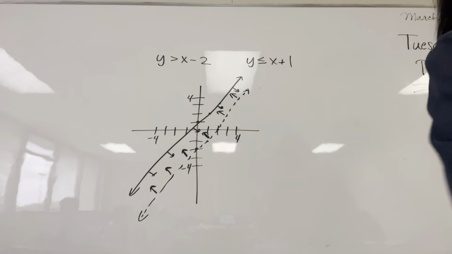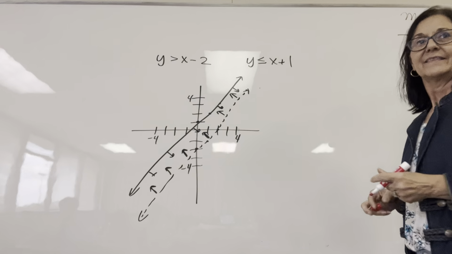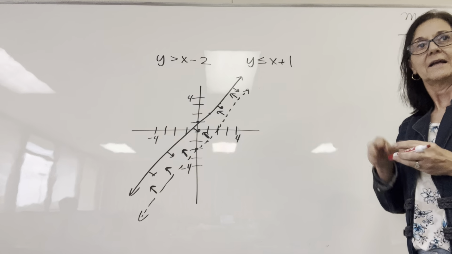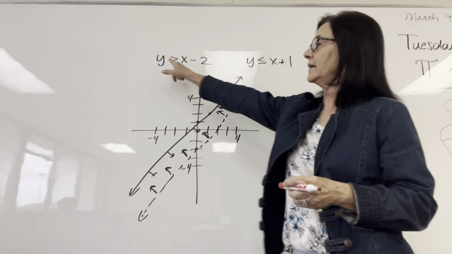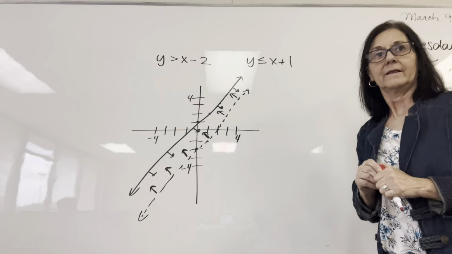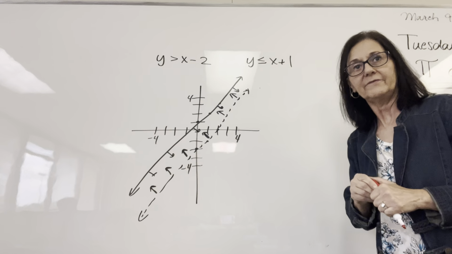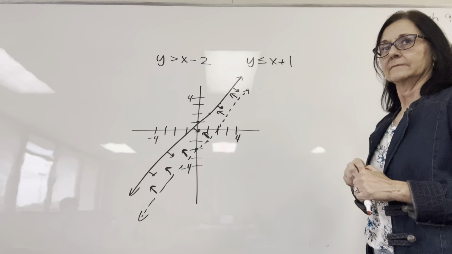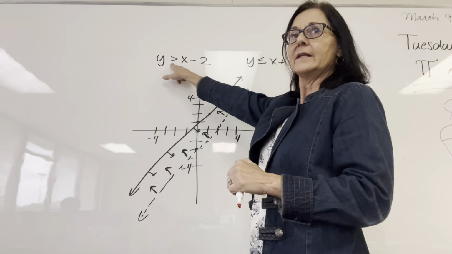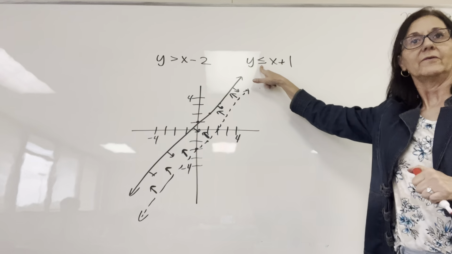Student: Can you explain? I get that it's dashed if there's no equal sign, and solid if it is equal to. How do you know if it's above or below?